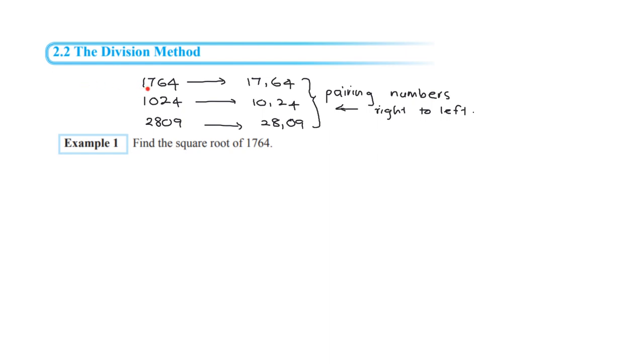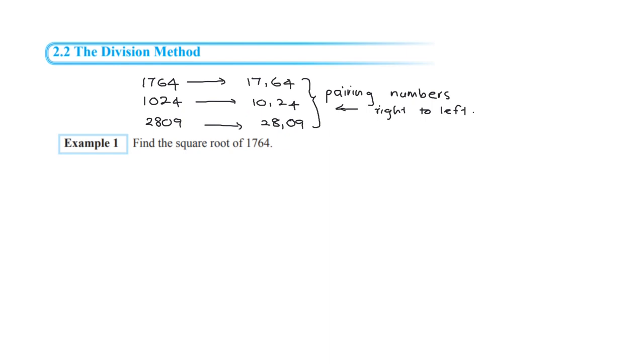Look at this number, 1764. You pair these numbers from right to left, 64, then comma 17. You have 1024, 24, comma 10. 2809, 09, comma 28, like this.